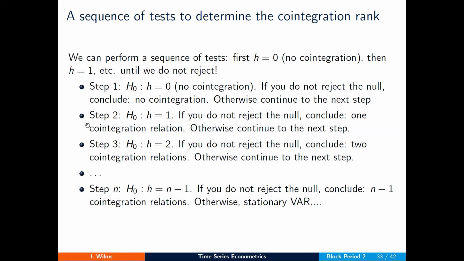So that's why we need to continue to the next step, where we test the null that there is at most one cointegration relation. The procedure would stop if we do not reject the null. Then we conclude that there is one cointegration relation. Otherwise, we continue again until we possibly arrive all the way at this last step where we test the null for n-1 cointegration relations.